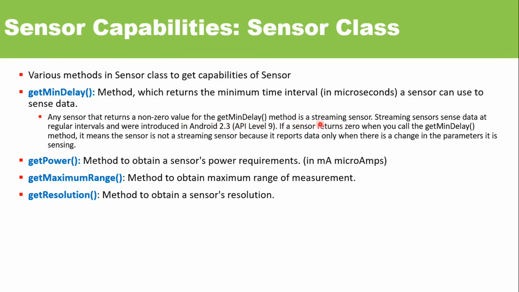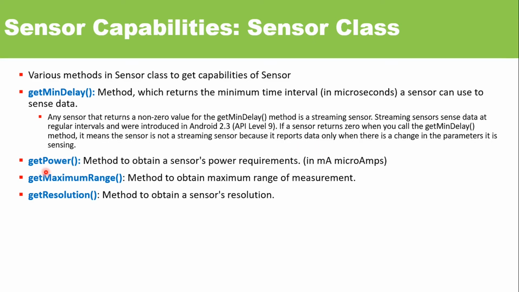Now what are streaming sensors? These streaming sensors sense data at regular intervals and were introduced in Android 2.3, API level 9. If a sensor returns 0 when you call the getMinDelay method, it means that your sensor is not a streaming sensor, because it reports data only when there is a change in the parameters it is sensing.